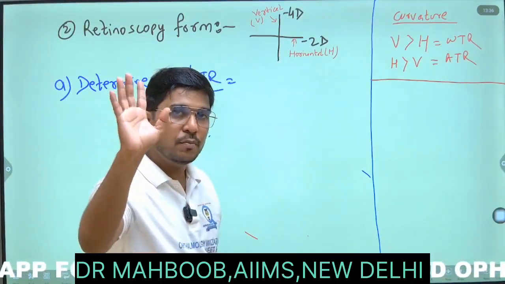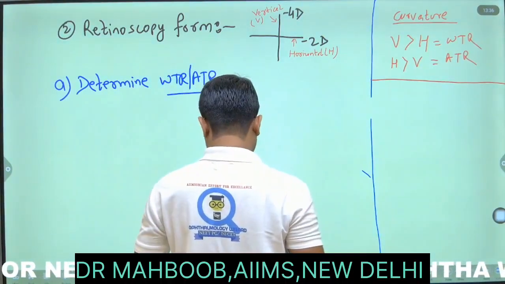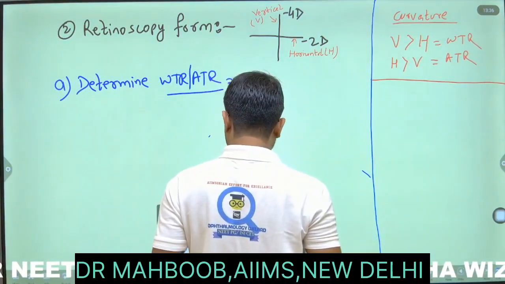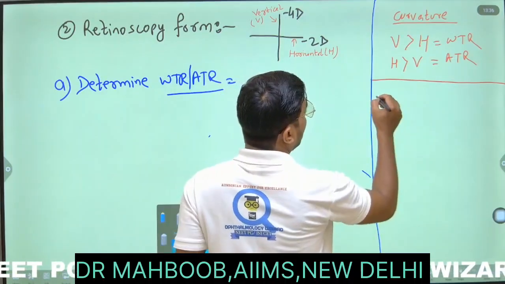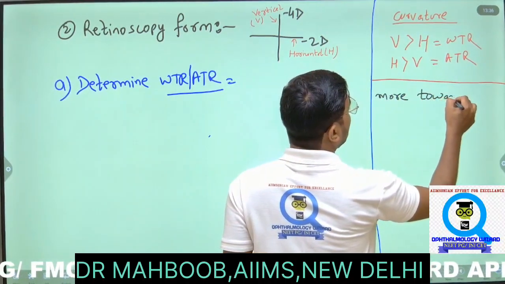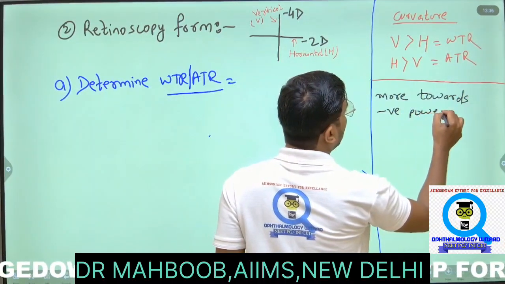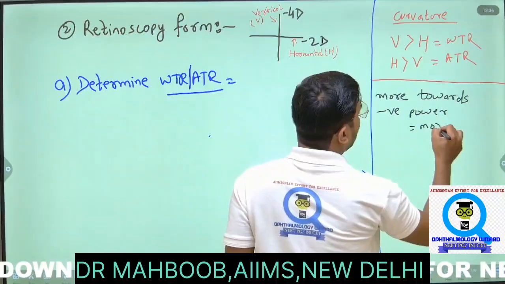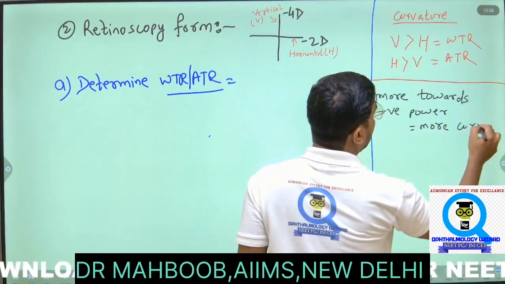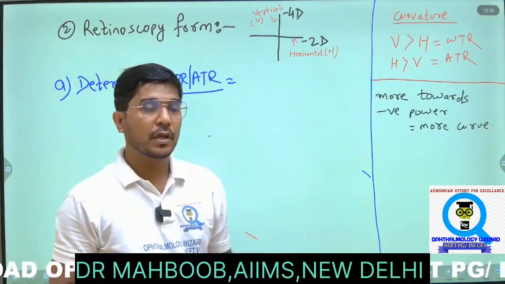So remember one important thing. What will you remember? More towards negative power is more curved. Means more towards negative power.